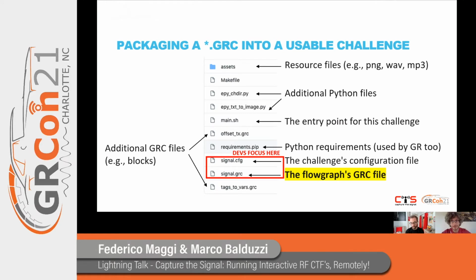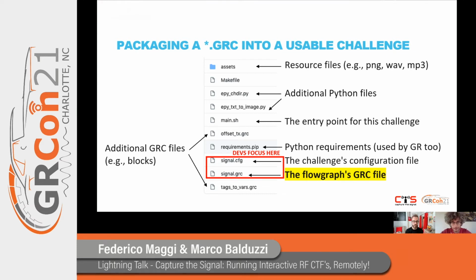What we ask the developers is to, as I said, focus on developing a GRC and make sure that you make it configurable and parametric. That's why I highlighted down there a CFG file, which contains, it's an init file, native format supported by GNURadio, where you can specify parameters and various settings for your signals, so that when you deploy it and you want to change it later on, you don't have to reopen GNURadio Companion or do any heavy editing.